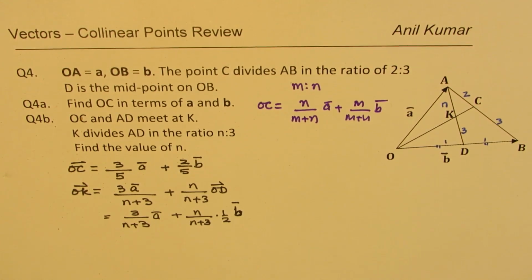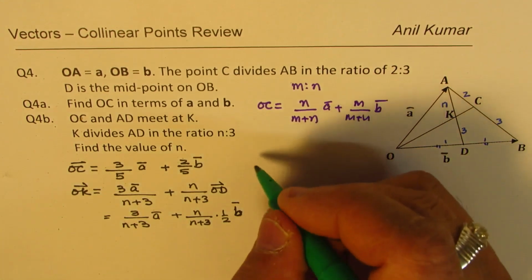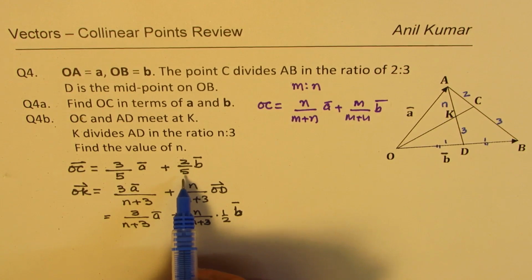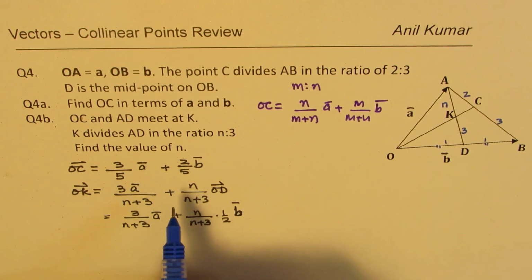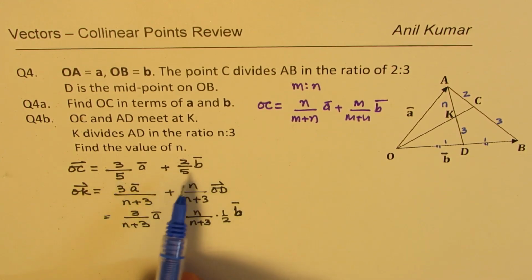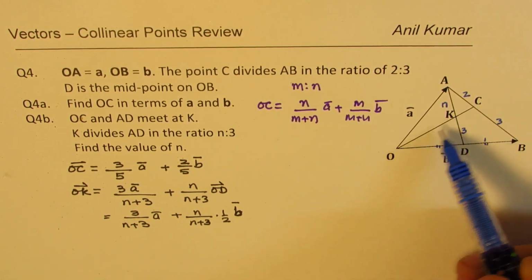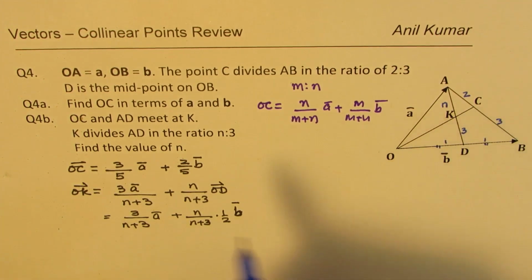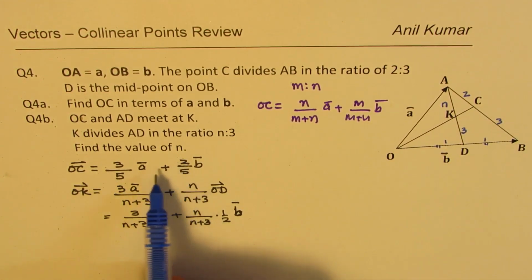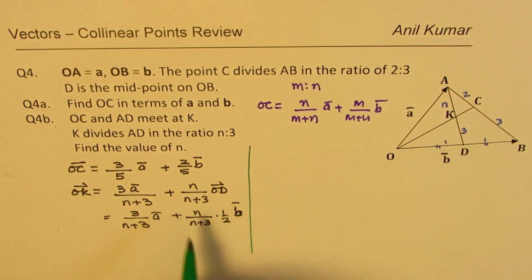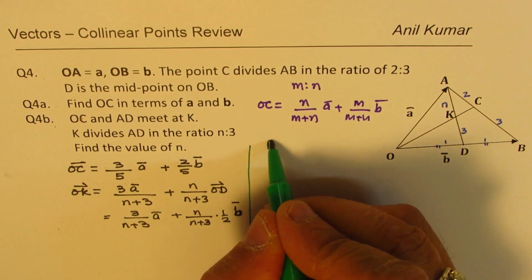That is how we are going to get our equation. Now, if I take 1 over 5 as common, what do I get as the ratio between these two? When K is on the same line, the ratio of the coefficients of A and B should be the same. They are on the same line only if the ratios are proportional.